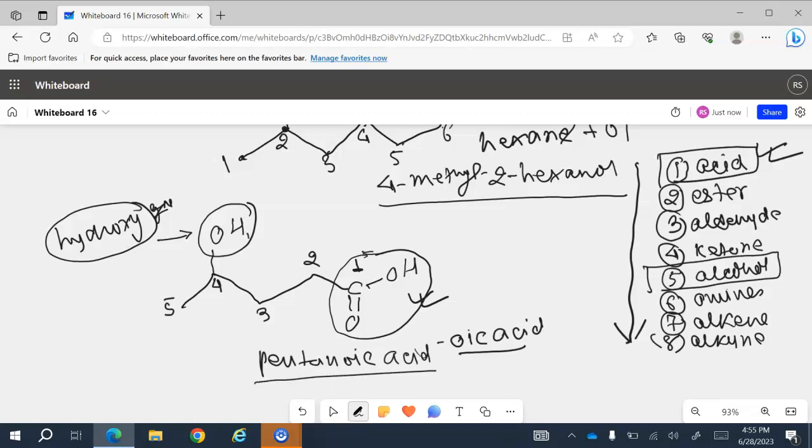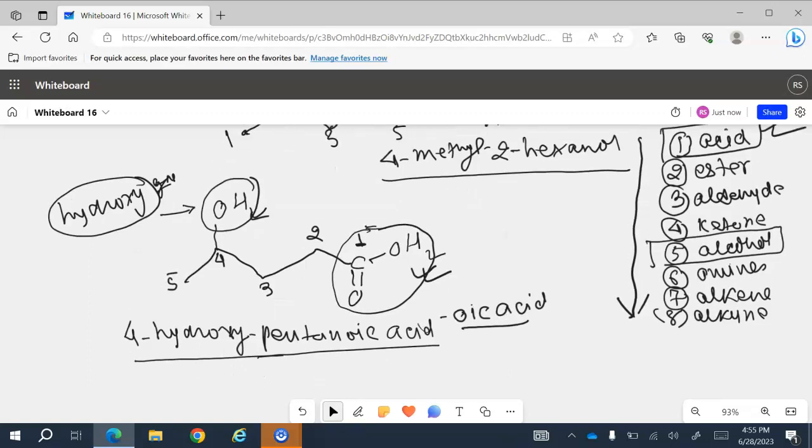And carbon number 4 has the OH group, so carbon 4 has the hydroxy group. 4-hydroxypentanoic acid is the name of this compound. So that is how we give hydroxy as the substituent. We consider hydroxy as the substituent when there is a higher priority group.